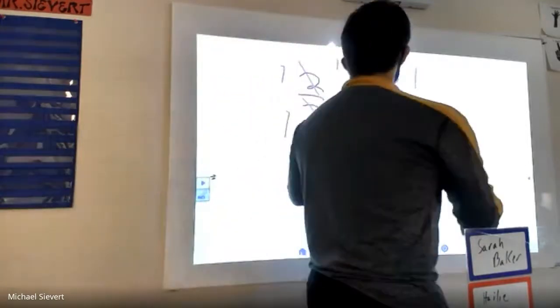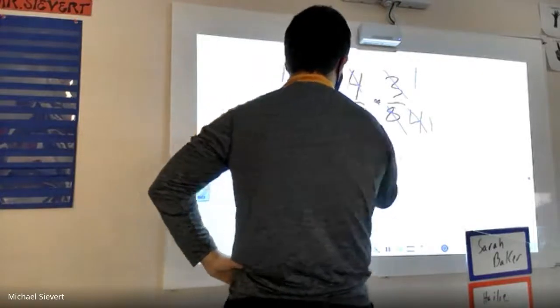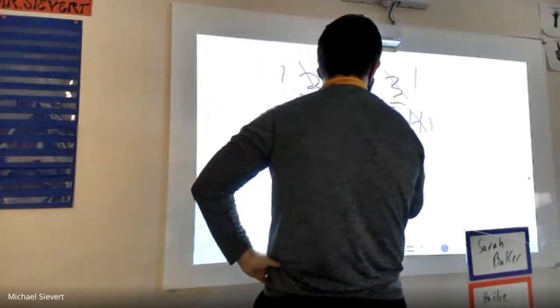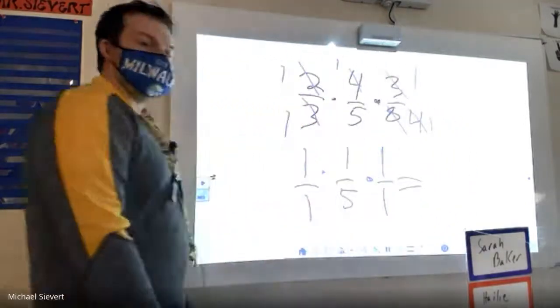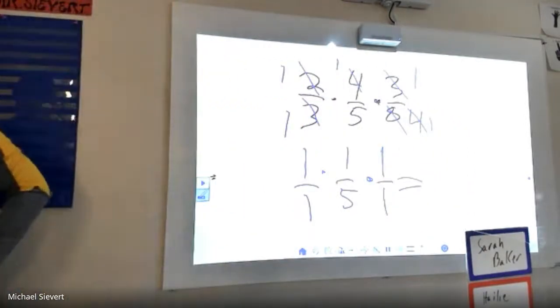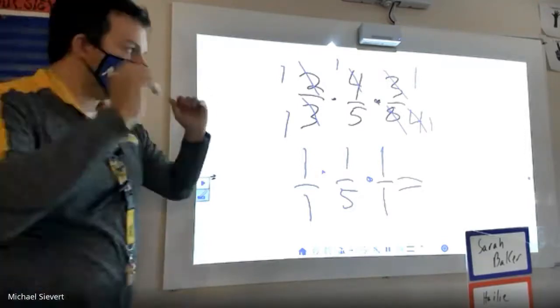perfect. So rewrite the fraction as 1 over 1 times 1 over 5 times 1 over 1, which gets you, Marquise? 1/5.